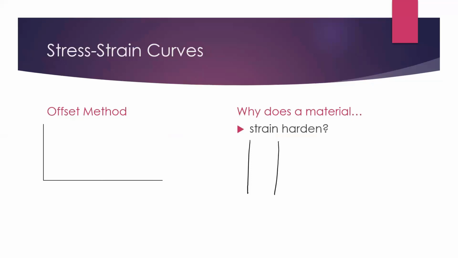if you look at, say, the microscopic lattice structure, so the molecular structure of the material, let's just say that they're arranged like this. And as we pull on this material, these molecules will start to move farther apart or they'll have to stretch.